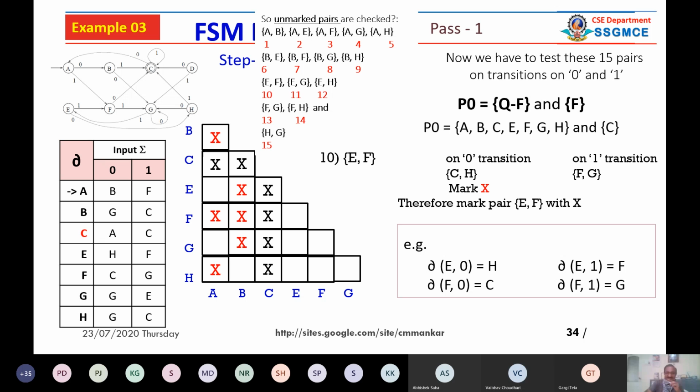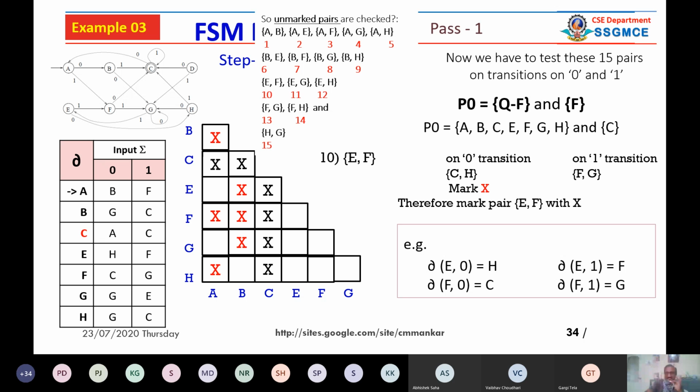Anyway, let us go for because I want to finish it. So EF is there, that is a 10 pair. So 10 pair goes in C and H. तो C एंड H में क्या हो गया कि C मतलब राइट साइड में और H मतलब लेफ्ट साइड में. अब पार्टीशन P0 1 में कोई प्रॉब्लम नहीं है.